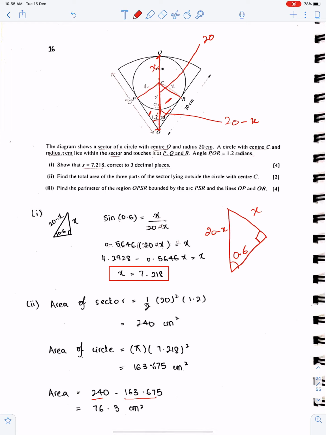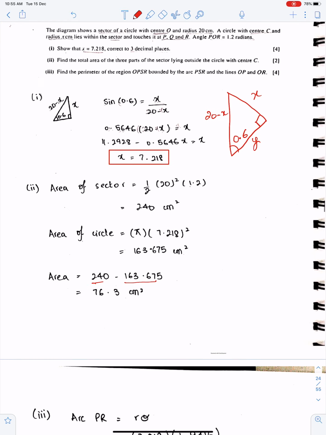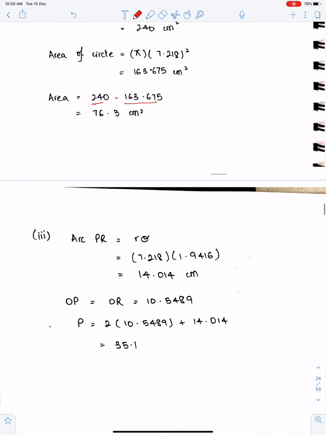You know this total angle is 1.2, so this other angle will be pi minus 1.2. So we just need to get this arc, this length and this length. You can suppose this as y. So perimeter will be 2y plus arc. This is the arc and this is, I suppose, y. Here is the perimeter.